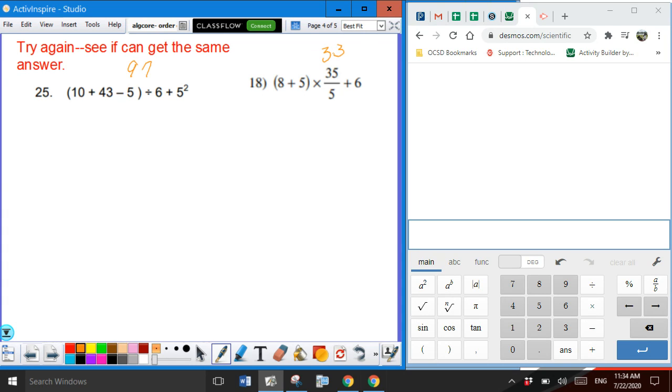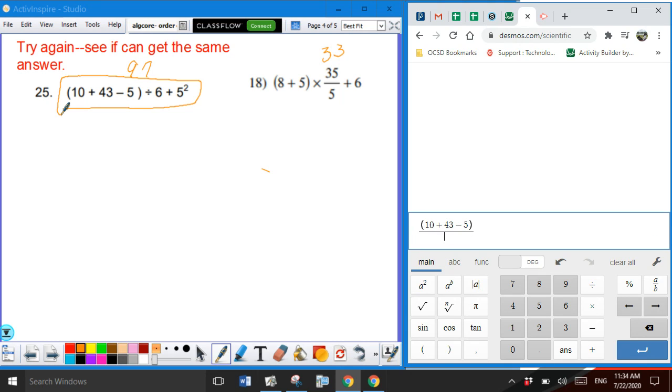All right, let's see if we can put this in our calculator just like we see it. So parentheses are down here in the corner. So parentheses 10 plus 43 minus 5. Now notice I'm still in the parenthesis. So I'm going to use the right-hand button and come over.